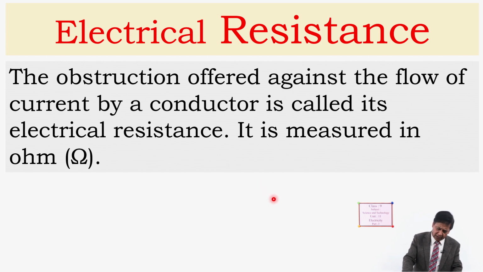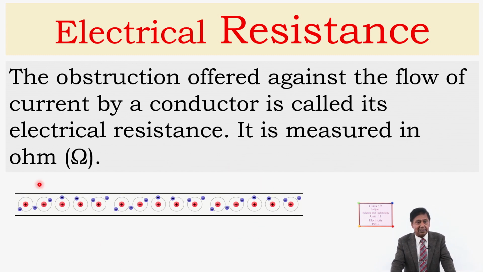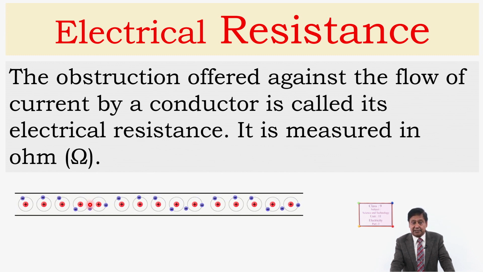Now it can be understood this way also. Look at this. Let's say this is a conductor wire. Electrons are flowing through this wire, and these electrons are flowing from one atom to another and from that atom to another, and the electron repels the electron of another atom. In this way, electron flows from one end to the other end.